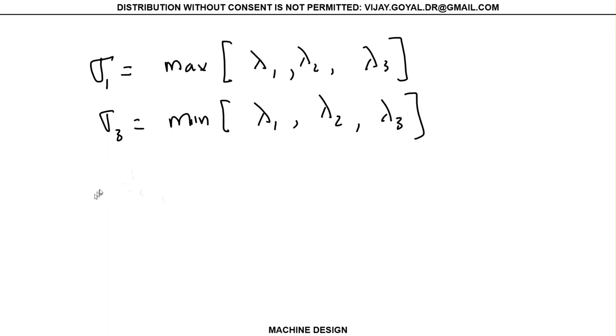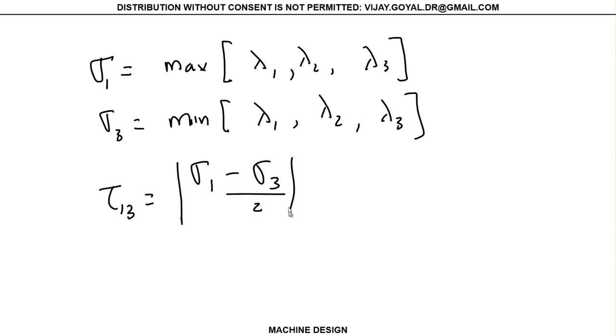And your maximum shear will be the same, sigma 1 minus sigma 3 divided by 2. Okay? So to better understand this, we can do a couple of examples, and we'll leave that for the next video.